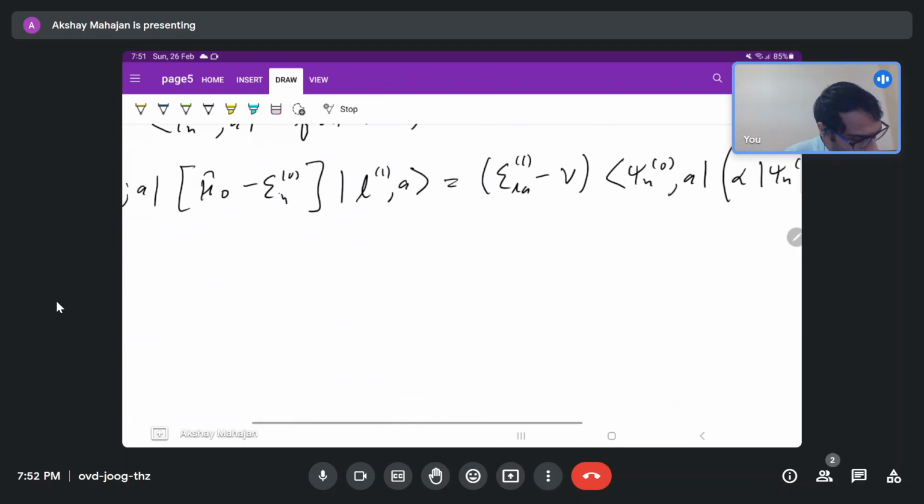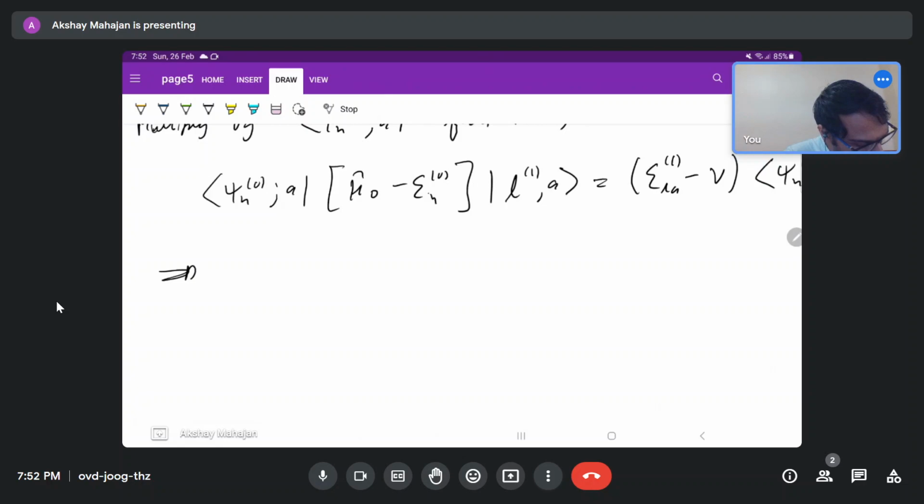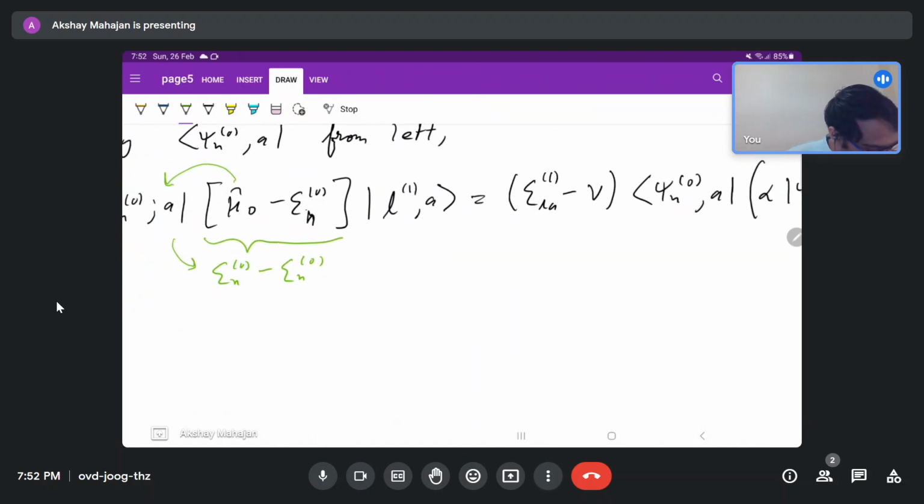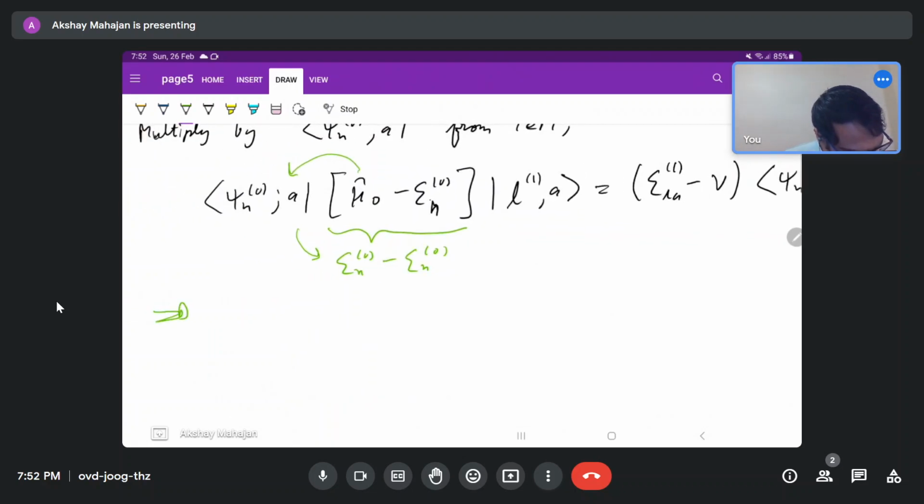Alright, so from here, now H cap naught will act on this psi n of 0 of A, which will give us E n of 0 of A. So here you will get E n of 0 minus E n of 0. H cap naught will act on psi n of 0, giving you E n of 0, so that term will be cancelled out.